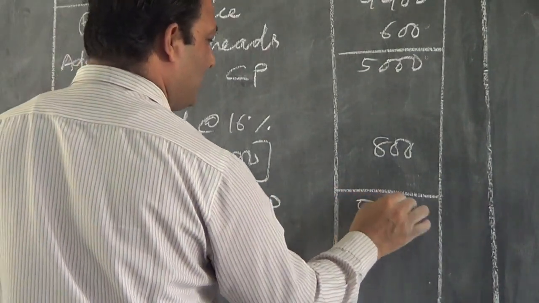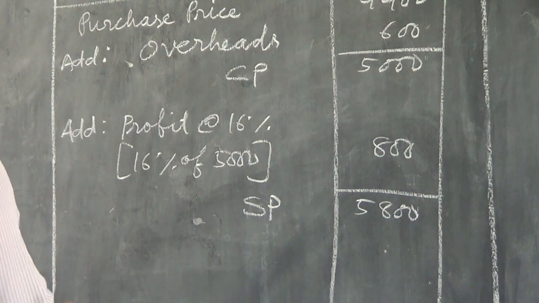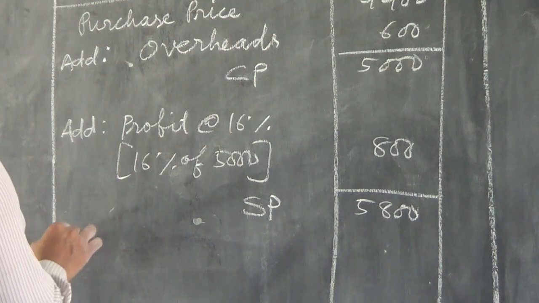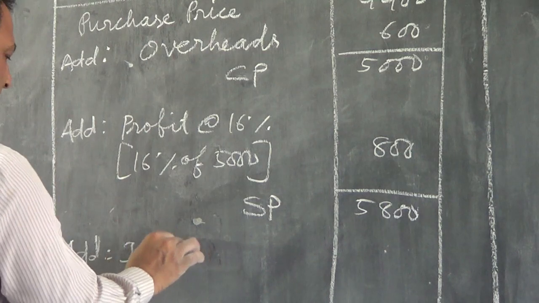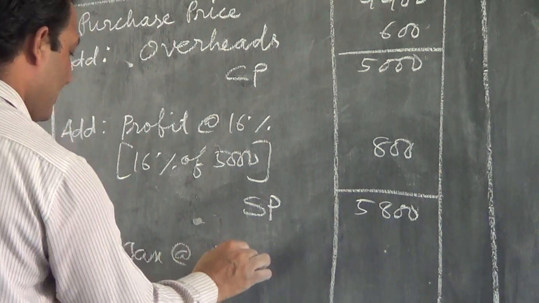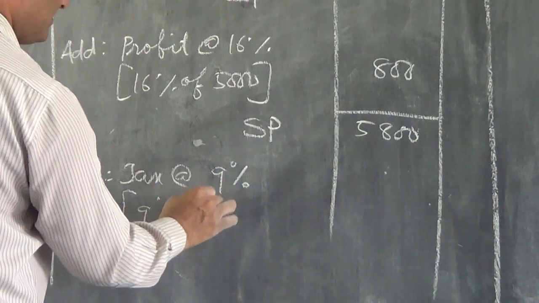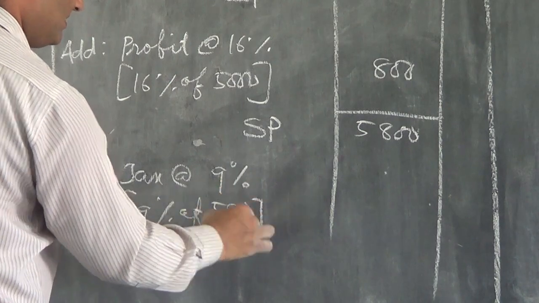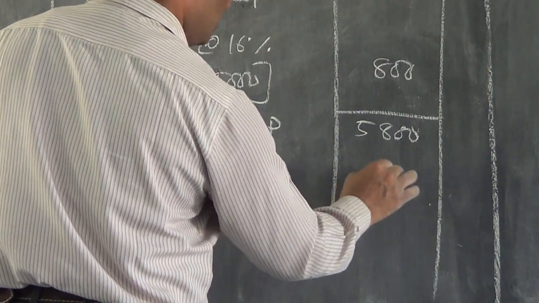SP is 5,800. Then again, I will add tax at 9%. And in bracket I will write 9% of 5,800. And our result is 522.